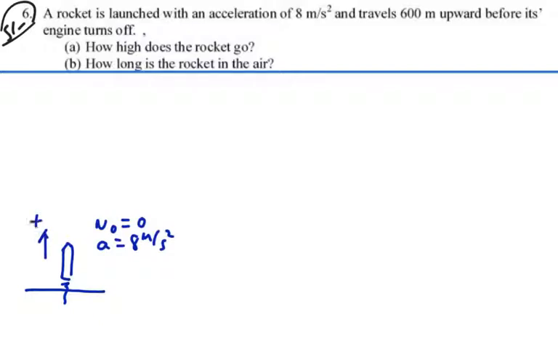Everything in the up direction. Final velocity we don't know. Let's call it V1. It's going to go some displacement, which we don't know, in some time that we don't know. Actually, we do know its displacement. That's 600 meters before the engine turns off. So we have three things we do know in this first leg.